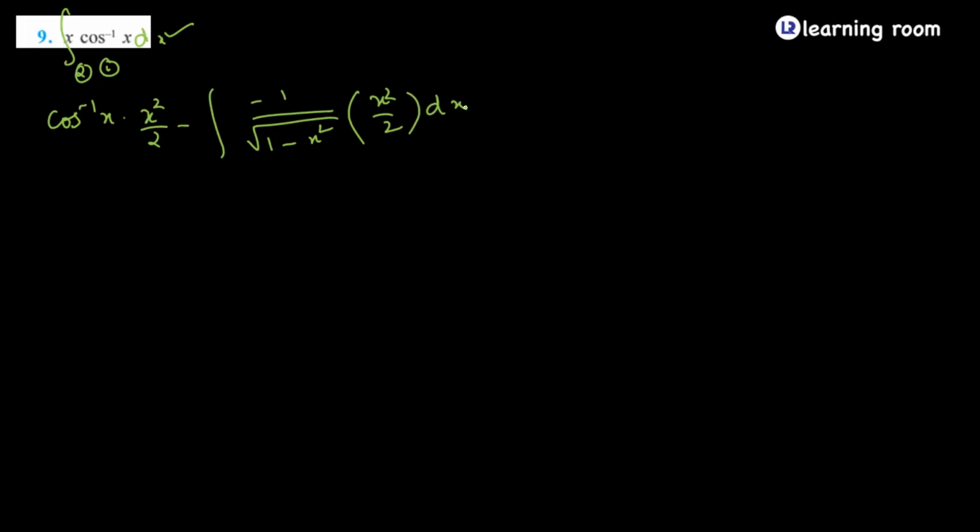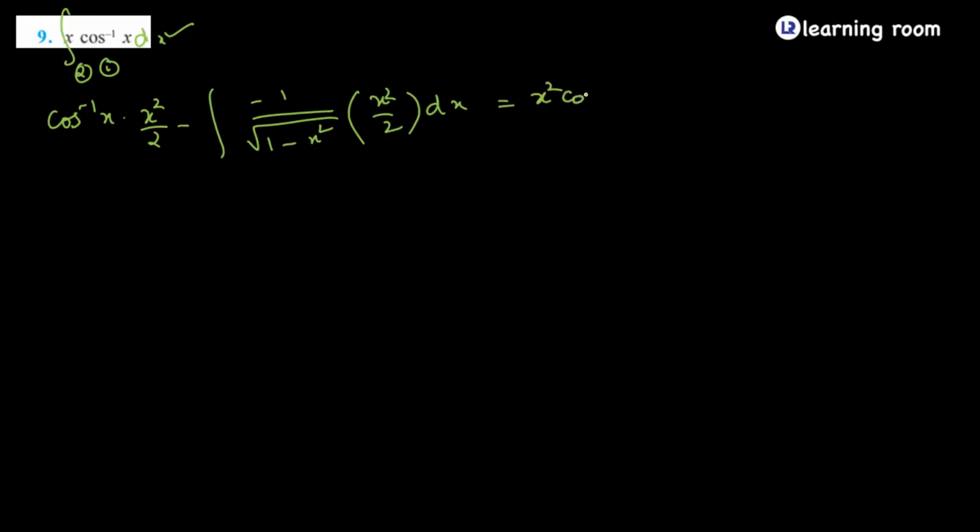Here the point you need to notice, don't combine this minus and minus. Reason being, the denominator also has minus x square. So minus 1 into x square is going to be minus x square.